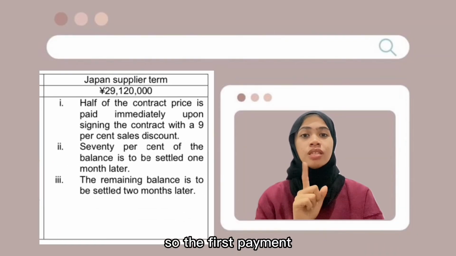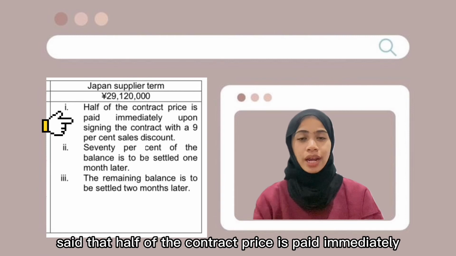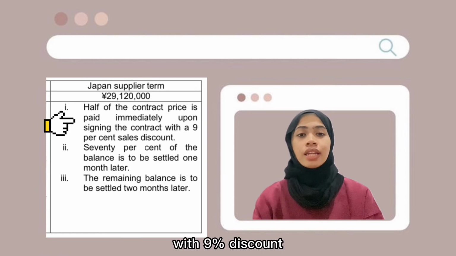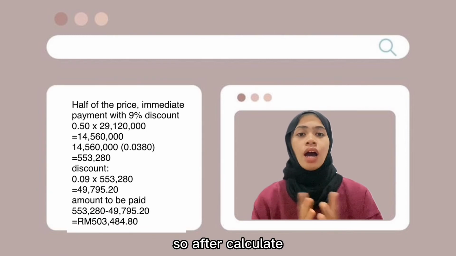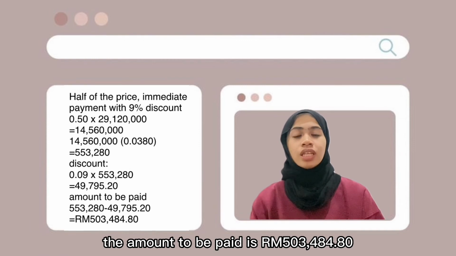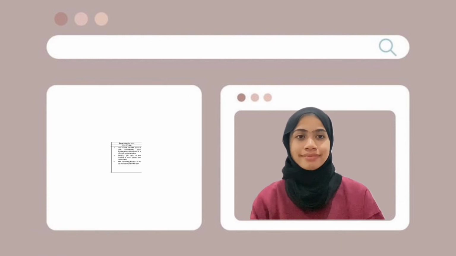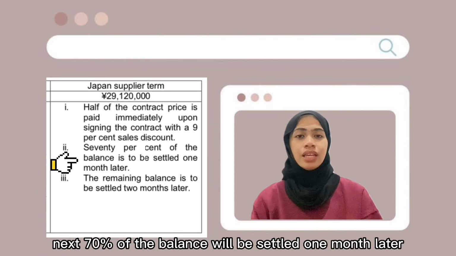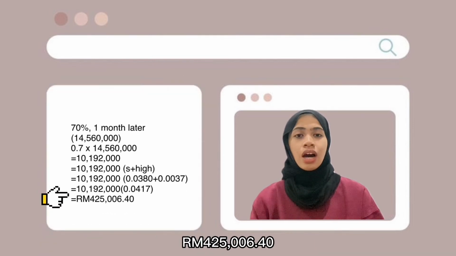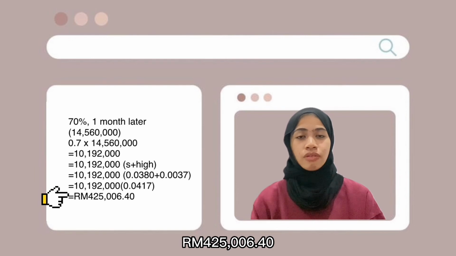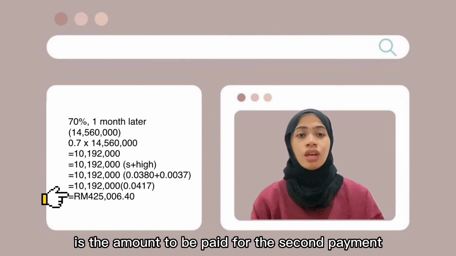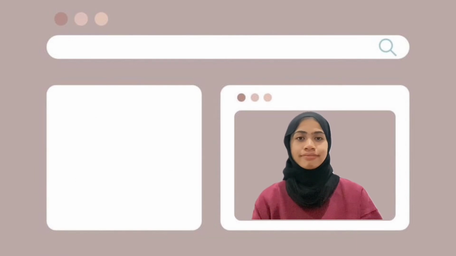The first payment said that half of the contract price is paid immediately with a 9% discount. After calculating, the amount to be paid is 503,484.40. Next, 70% of the balance will be settled 1 month later. RM425,006.40 is the amount to be paid for the second payment.